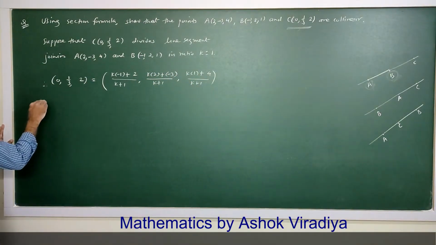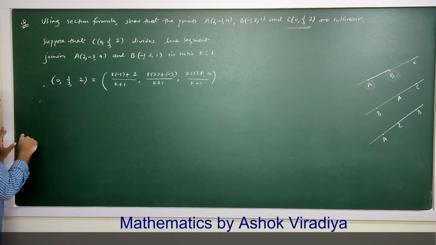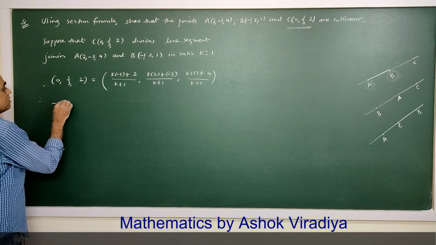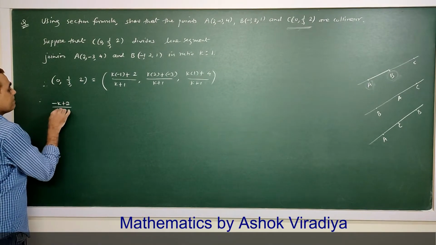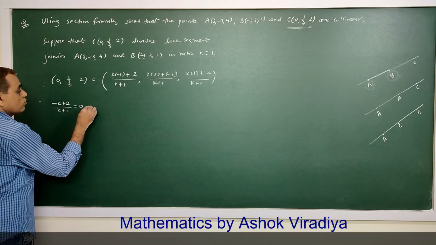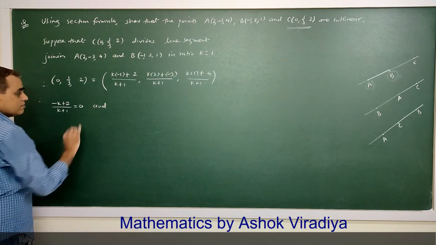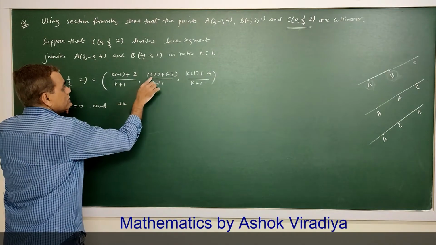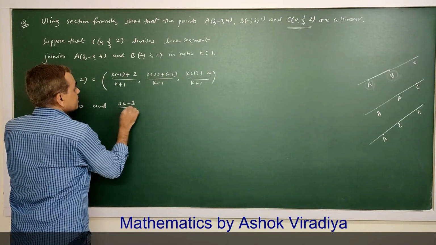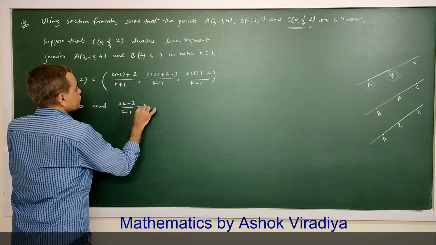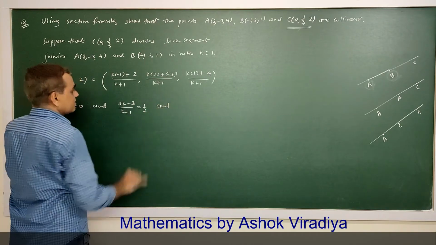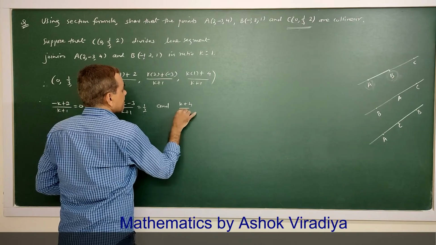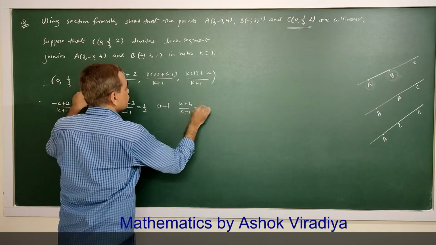So therefore now comparing values, this is then minus k plus 2 upon k plus 1 equal to 0, and 1 by 3 equal to 2k minus 3 upon k plus 1, and k plus 4 upon k plus 1 is 2.